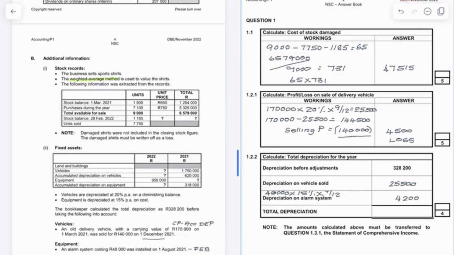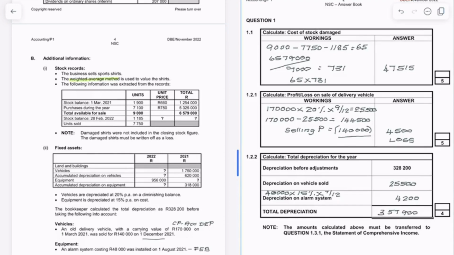Now you can total your depreciation, and you should arrive at a figure of 357,900. So to be honest, there wasn't anything terribly difficult in this question 1.